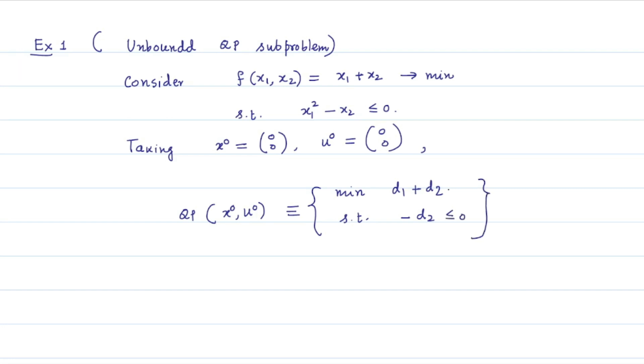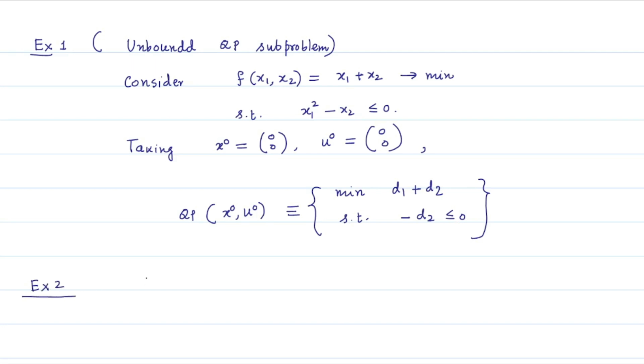You notice that this problem has an unbounded objective function, so a question of having a minimum point will not arise, and hence we will not be able to find a solution or proceed further. So we can have this possible drawback that the objective function is unbounded.